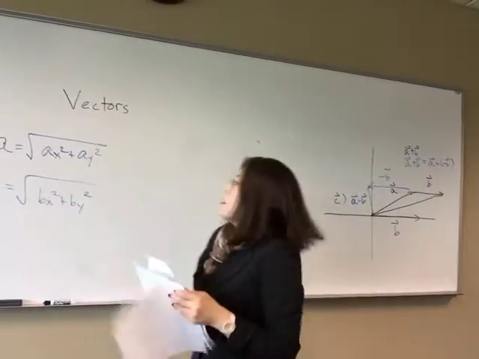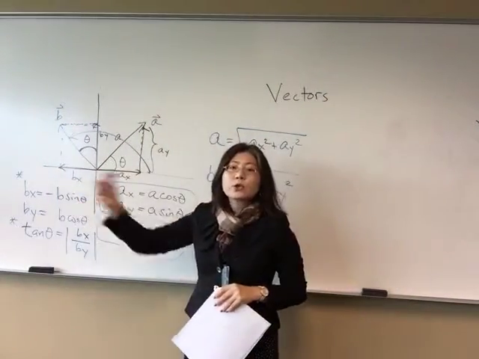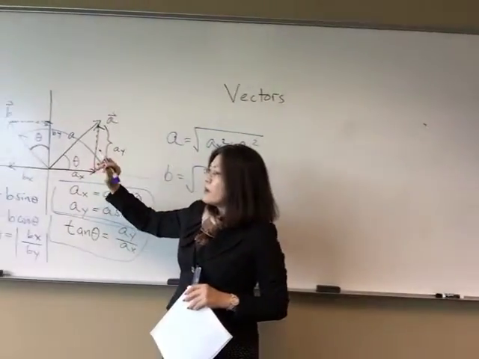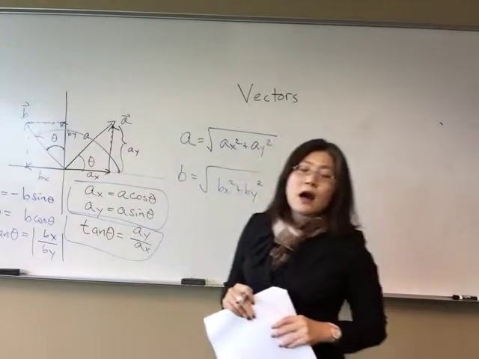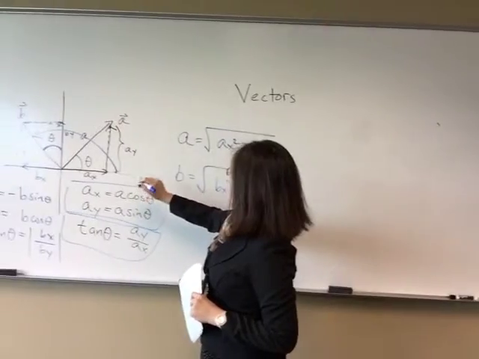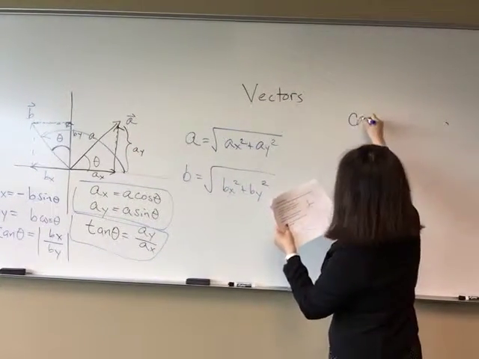Let me see. So we have all these vectors that can point in all directions. Sometimes you need to specify the directions of the vector. How would you specify it? We use a Cartesian coordinate system. So this is what we call the Cartesian coordinate.